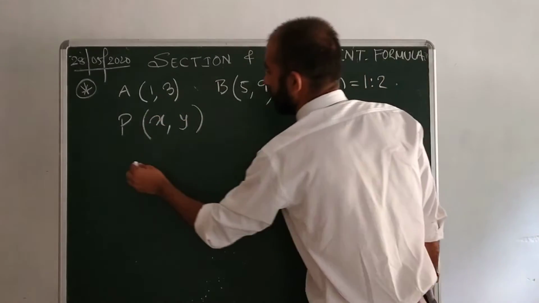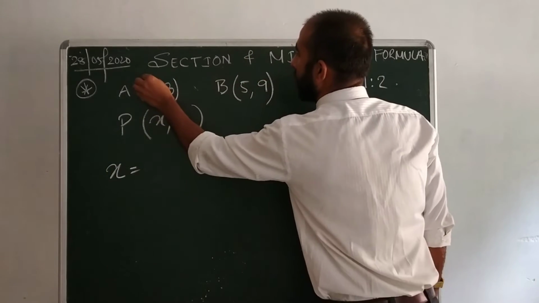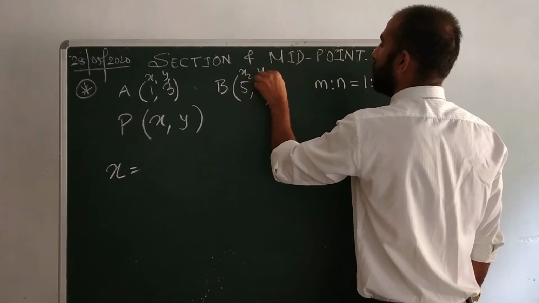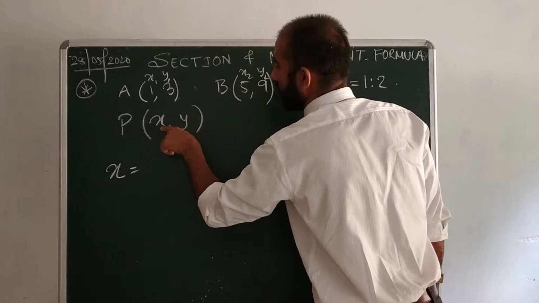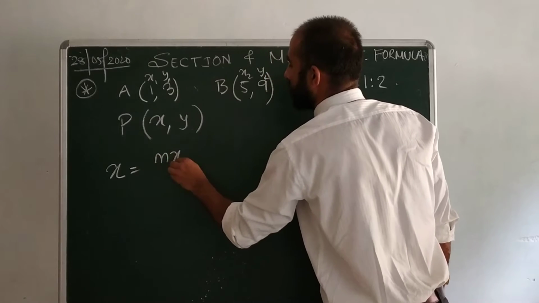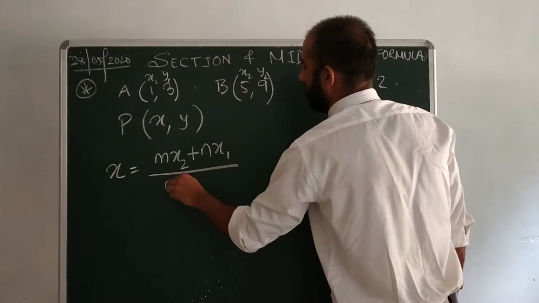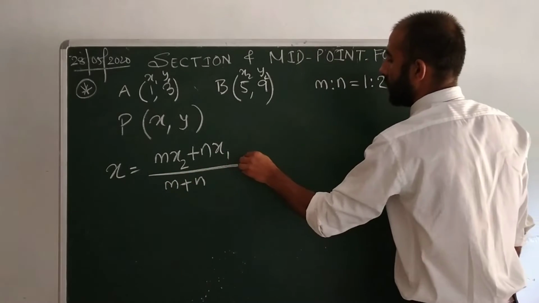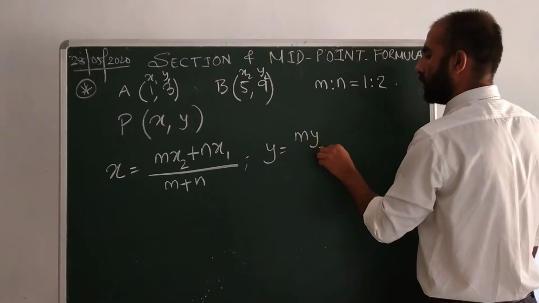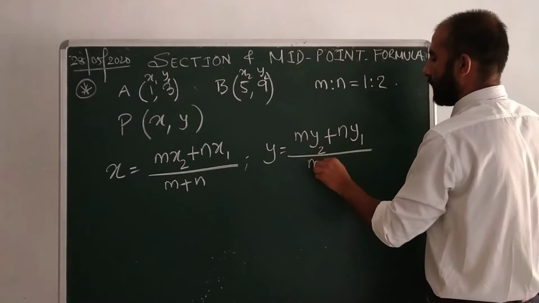We know that the x coordinate is given by the formula. Consider this as x1, y1 and this as x2, y2. The x coordinate of point P is given by (mx2 plus nx1) by (m plus n), and similarly the y coordinate is given by (my2 plus ny1) by (m plus n).